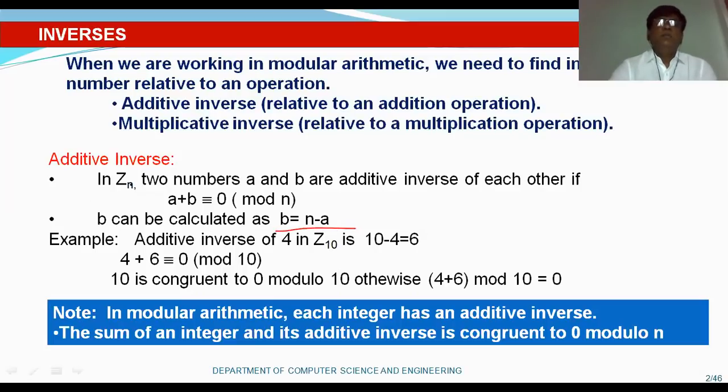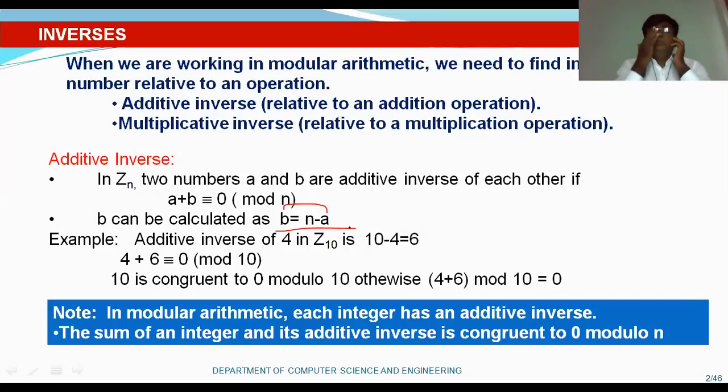Here n is the modulus, modulo n. a is the number for which we are going to calculate the inverse, and b is its inverse. So to calculate b, the formula is n minus a.